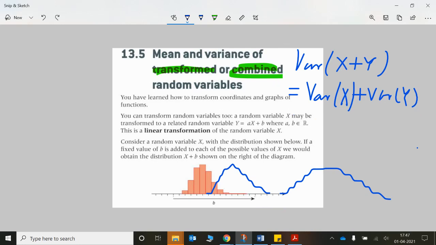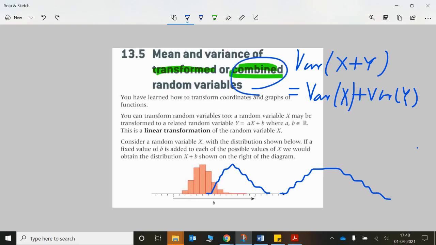Just to sort of finish up on talking about the difference between transformed and combined random variables. Transformed random variables, again, we're talking about one set of results, which we're then saying, let's double everything. Let's add on something to all of them. Let's either times or divide or add or subtract something to that set of results.